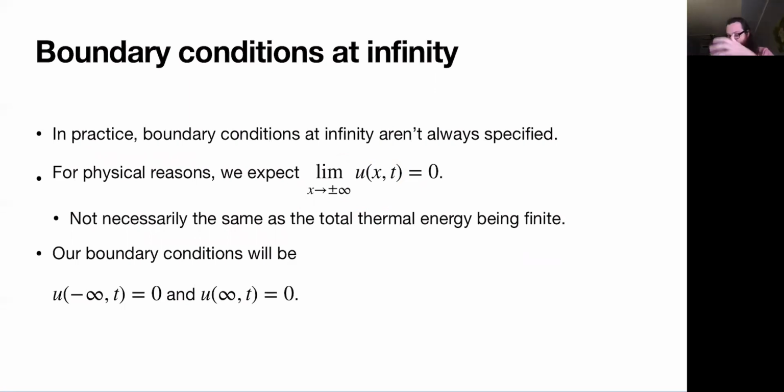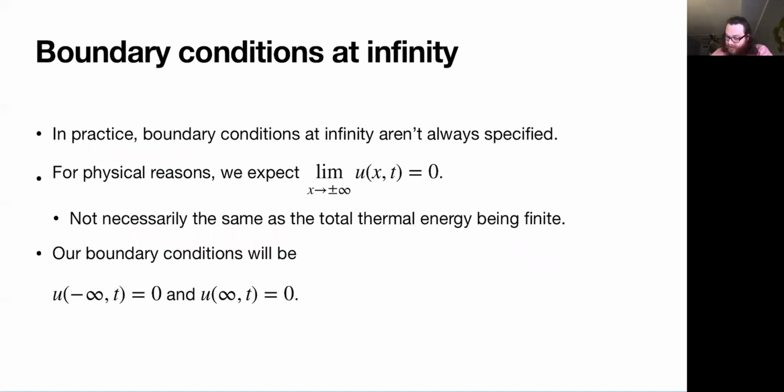So the limit as x tends to positive or negative infinity of the temperature should be 0, irrespective of time. One thing to note is that just because the temperature goes to 0, if you compute the total thermal energy, the total thermal energy may not be finite.